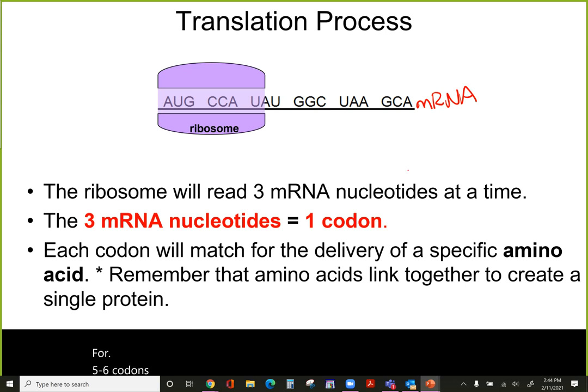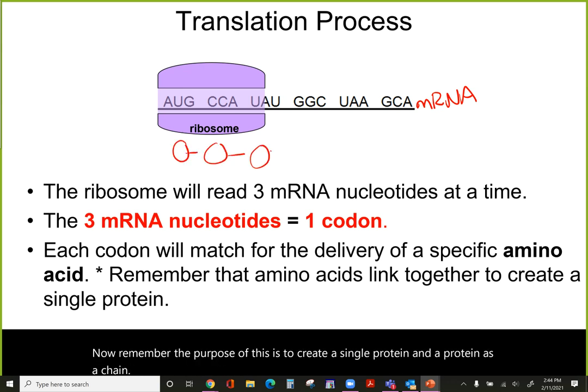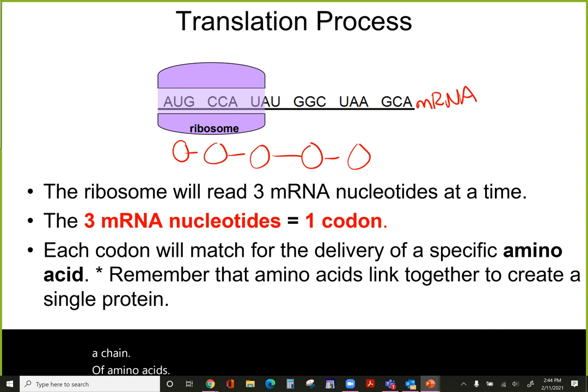Each codon is a match for the delivery of one specific amino acid. Now remember, the purpose of this is to create a single protein, and a protein is a chain of amino acids. So each codon corresponds to an amino acid.